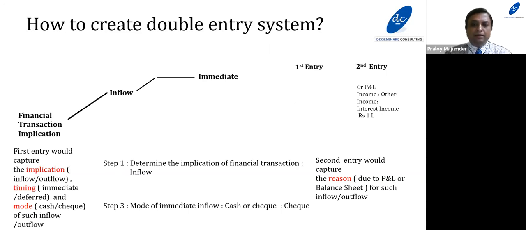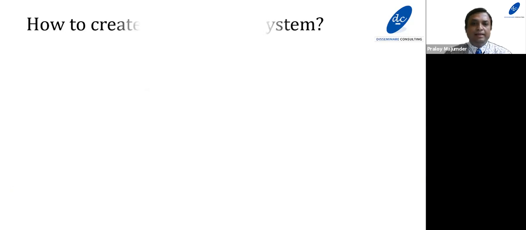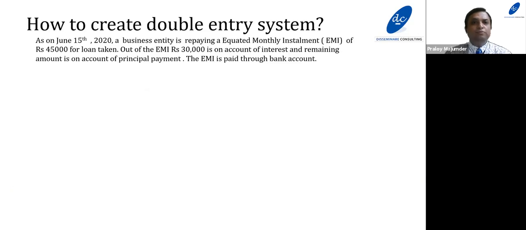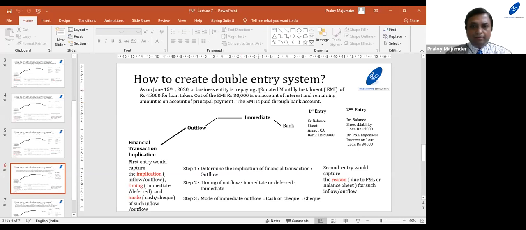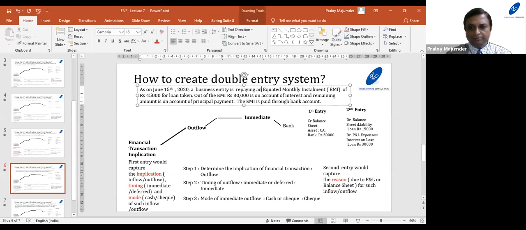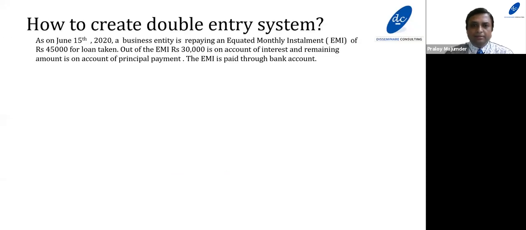So now let us go to another example. As on June 15, 2020, a business entity is repaying an equated monthly installment. Let me correct this, it should be an equated monthly installment, or EMI, of rupees 45,000 for a loan taken.